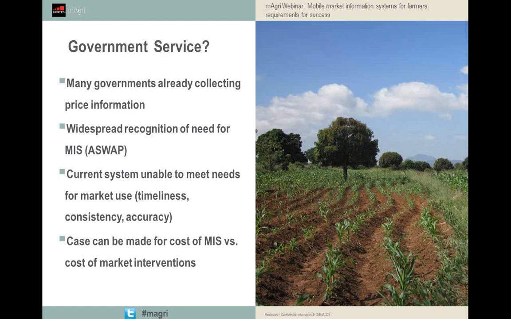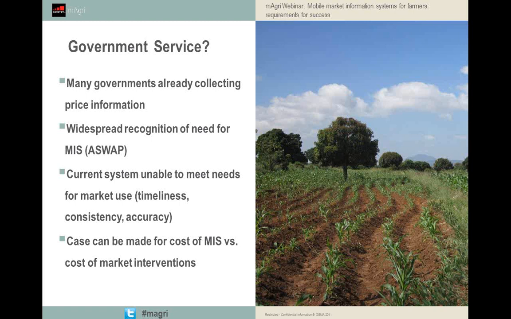But I think there is a case to be made to governments that the cost of providing MIS can be weighed against the costs which are inflicted on economies by market intervention. In particular, I'm thinking of Malawi, which generally sets a minimum price for commodities under the rationale that farmers don't know the correct market price and are therefore taken advantage of.